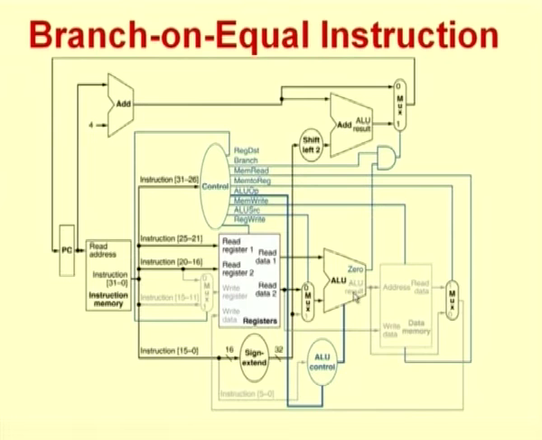If the two registers were equal, when I did a subtract, the zero signal will be set. If the zero signal is set, and if it is a branch instruction, then I will use that as the control to choose whether I need to choose the target address or go to the sequential address. If the value is 0, which means that they are equal, I will branch.